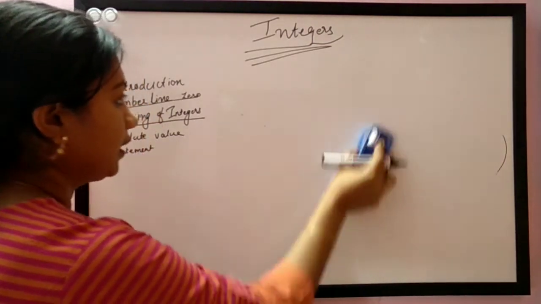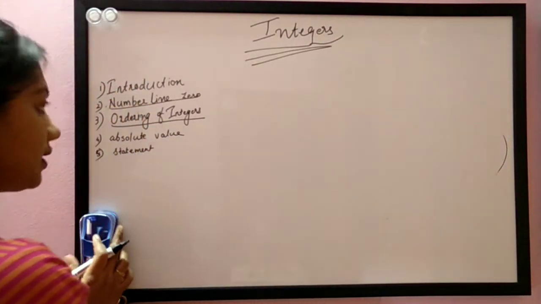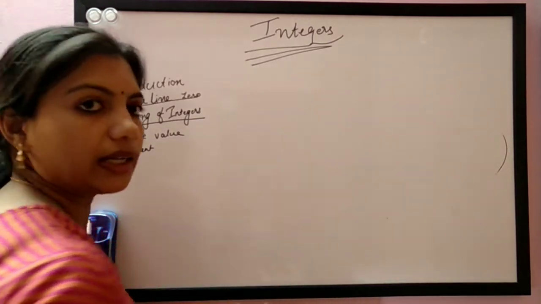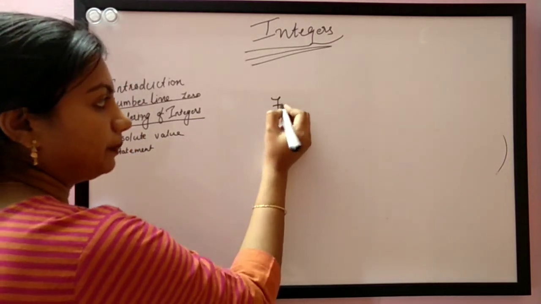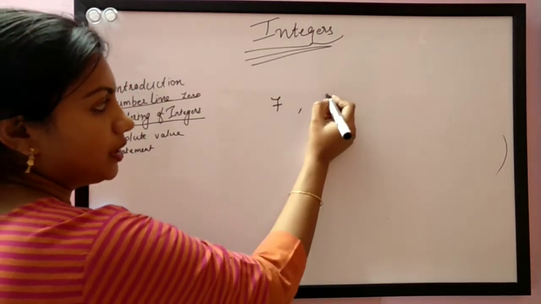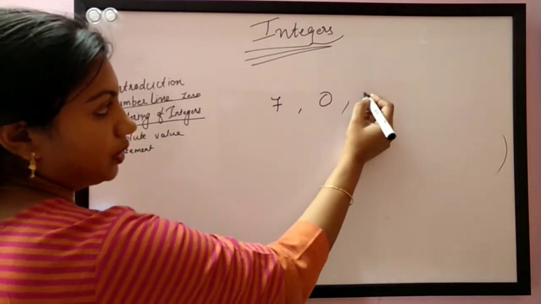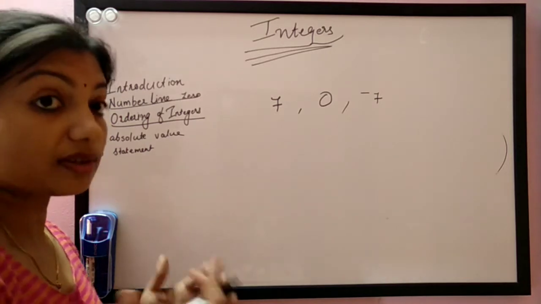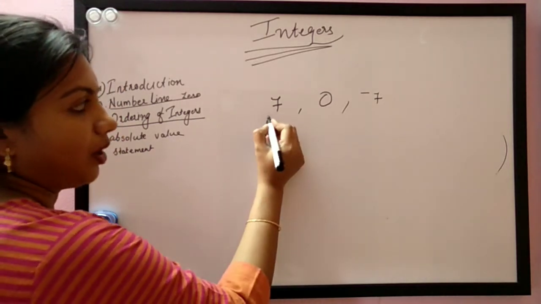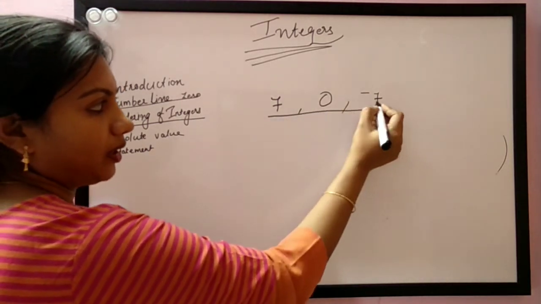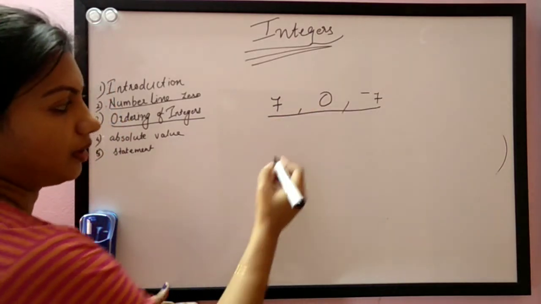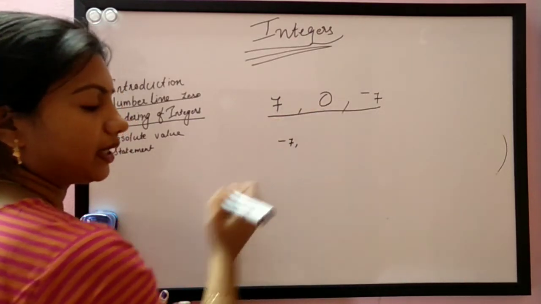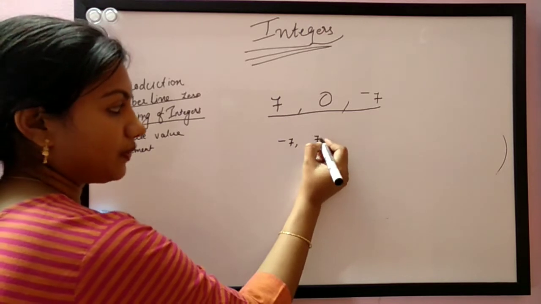Now I'll give you some examples. 7, 0, -7. Out of these, which is the greatest? Obviously, you will be thinking, okay, there are two sevens. You will be confused whether -7 is greater or +7 is greater.